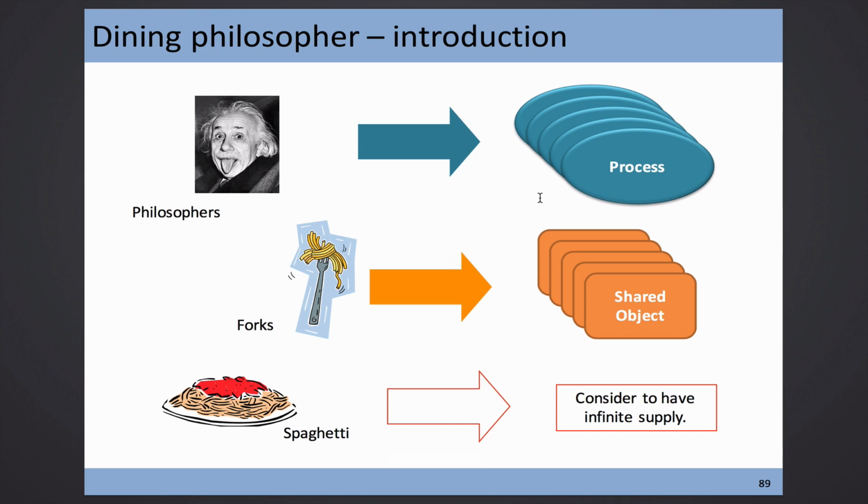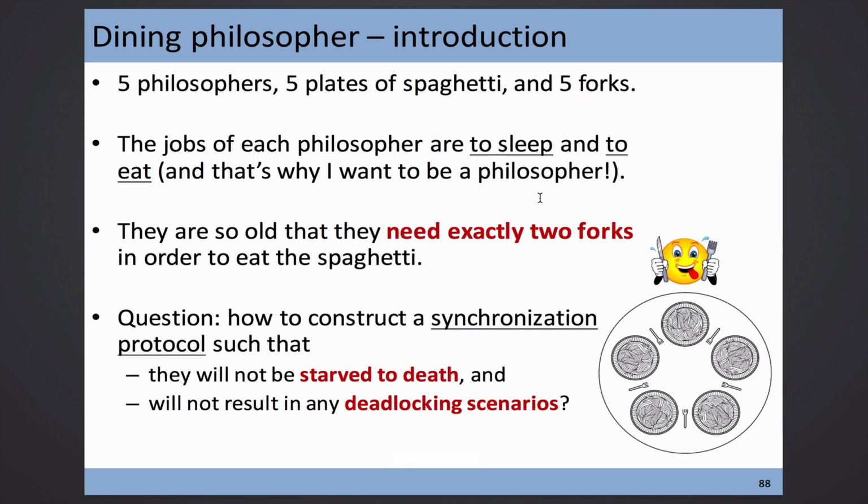The professors sit around this table. Infinite supply of spaghetti, but only 5 chopsticks or 5 forks. They need 2 forks or 2 chopsticks. So at most, how many professors can eat together? At most 2, right? Which 2?